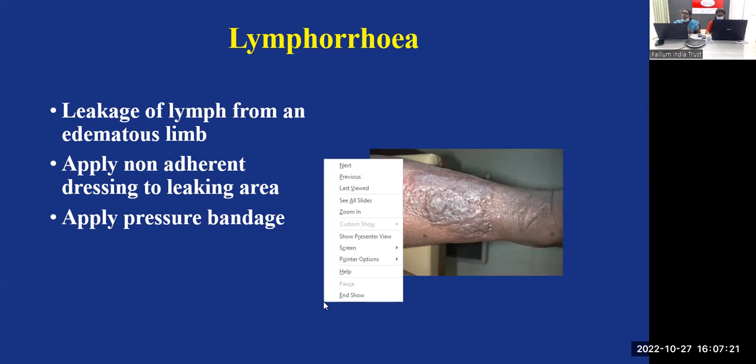Crepe bandage is not contraindicated in this condition. If you apply a crepe bandage at that time, definitely that extra fluid will come out. So these are the two complications.